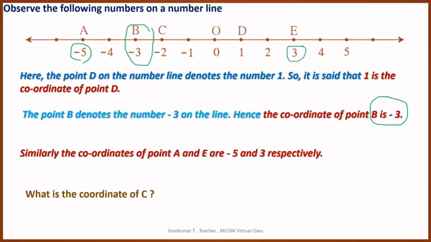So the coordinate of point B means -3, A means -5, E means 3. We are designating certain alphabets to those points. This is the concept of coordinate of points. If I ask you what is the coordinate of C, you will say that the coordinate of C is -2. Understood? This is the first thing you have to learn.